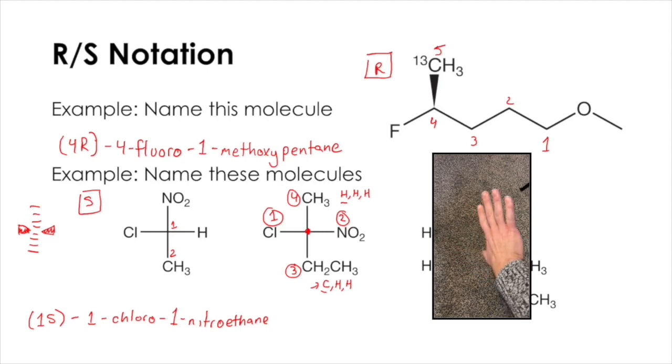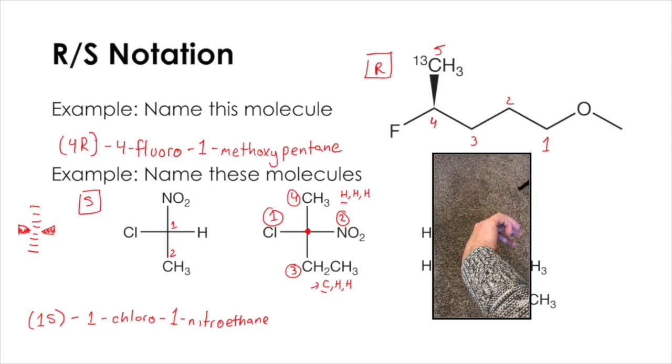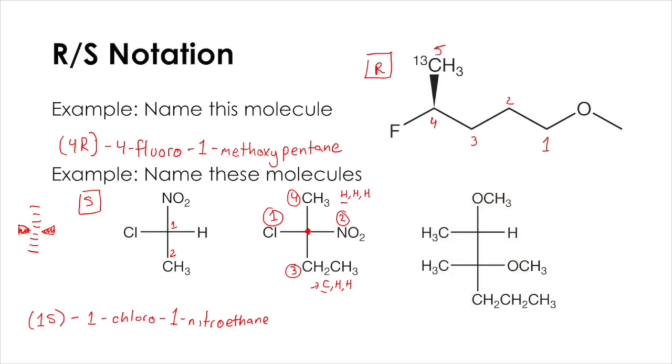And if our thumb points away from us, 1, 2, 3, sweep clockwise, that happens on our right hand. And so now naming it, the longest carbon chain, 1, 2, 3, 4, in that order. So we have 2R, and then 2 chloro, 2 nitro, butane.